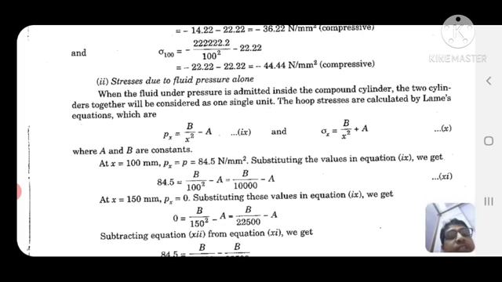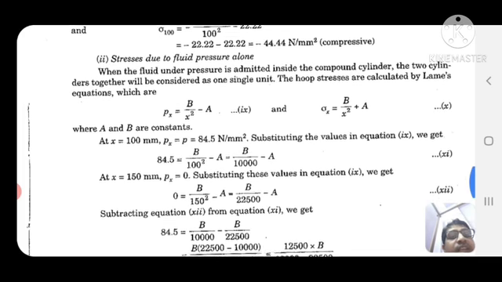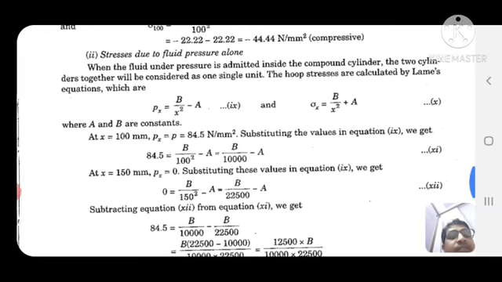Stress due to fluid pressure alone. When the fluid under pressure is admitted inside the compound cylinder, the two cylinders together will be considered as one single unit.